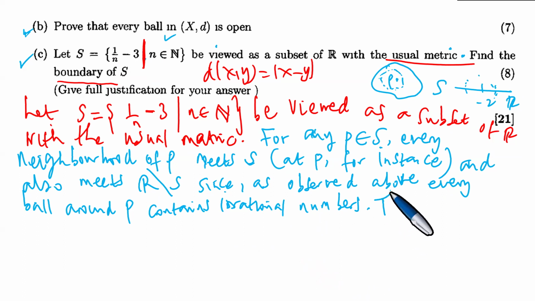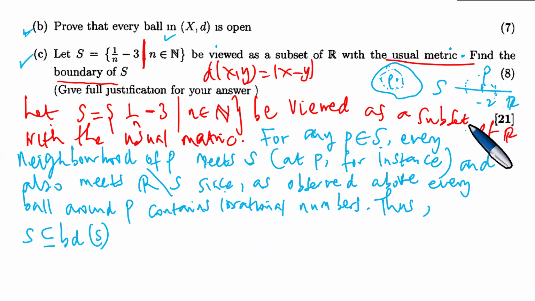Thus, S becomes a subset of the boundary of S. This is very interesting. So we're effectively saying we take a point in S, and every ball around P contains irrational numbers.